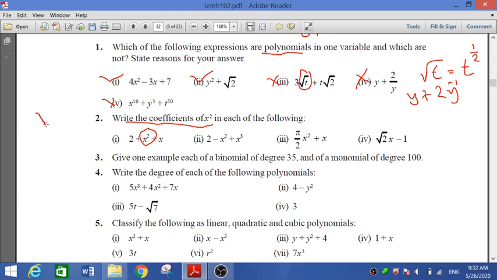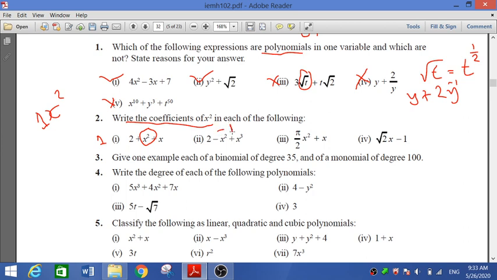Whenever a coefficient is not written, we can take it as 1. The question is like that, x square. If nothing is described in front of x square, then what we have to take is 1. So here the coefficient of x square is 1. So the answer is 1 we have to write. Now in this I think mostly you will get the answer minus 1. What we have to write? Minus 1. Why? Because here the negative sign is there.